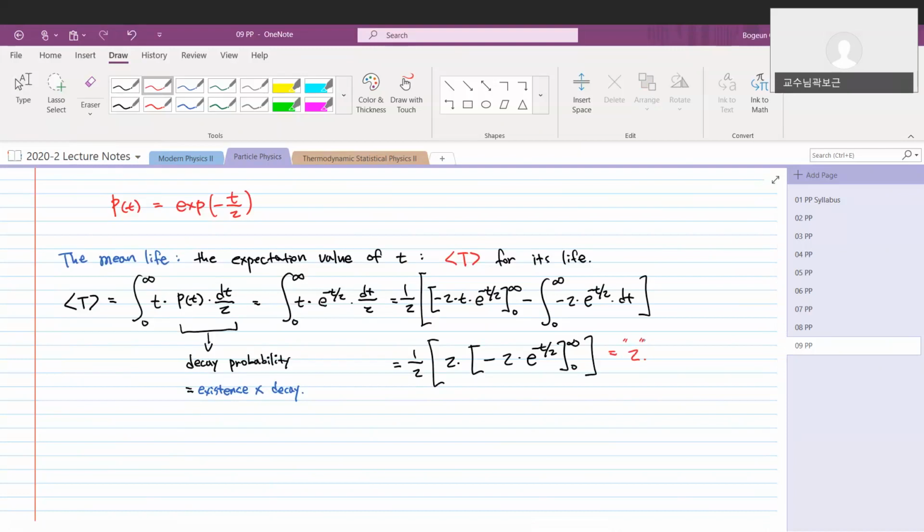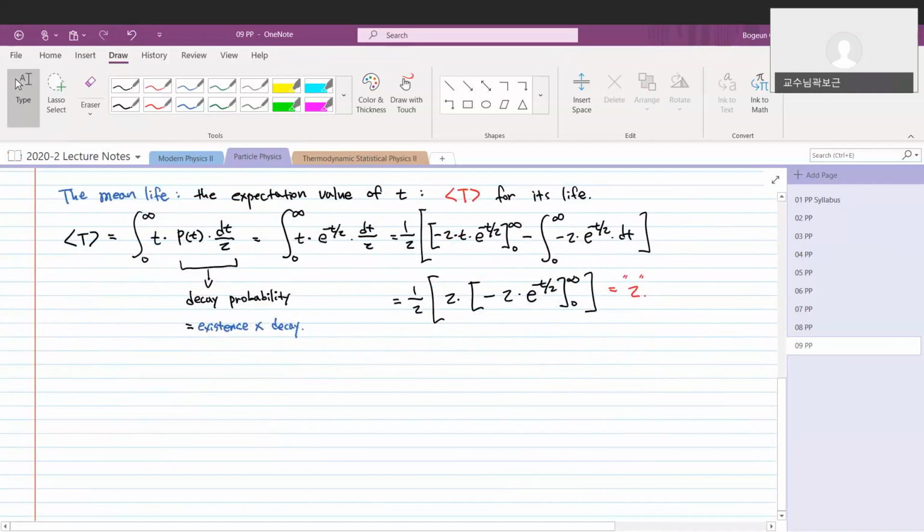But normally it is not easy to always wait for the time tau to pass. So we define the particle life in terms of the half-life, denoted by T1/2.